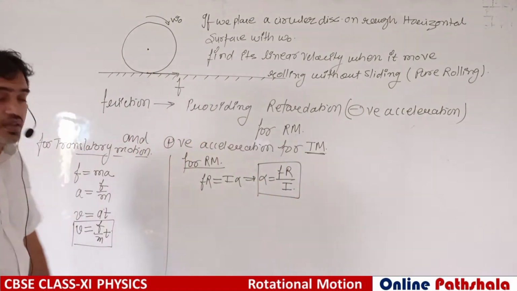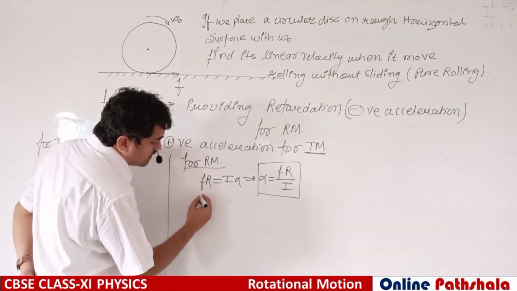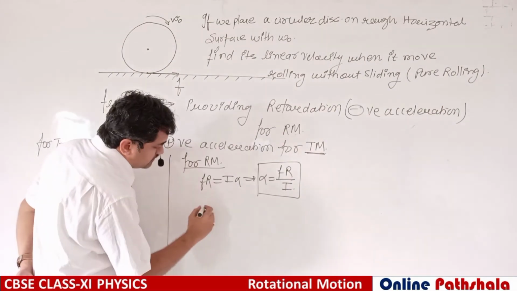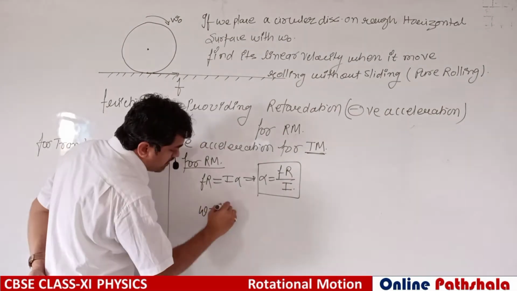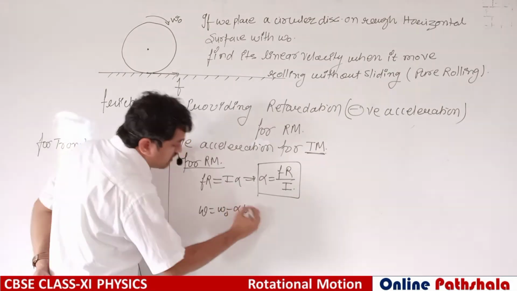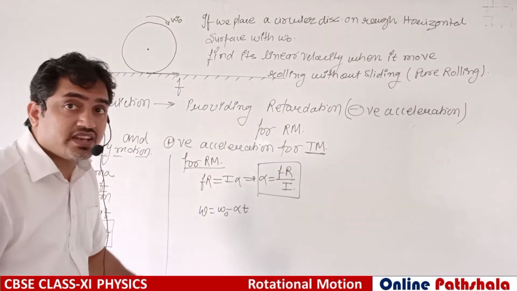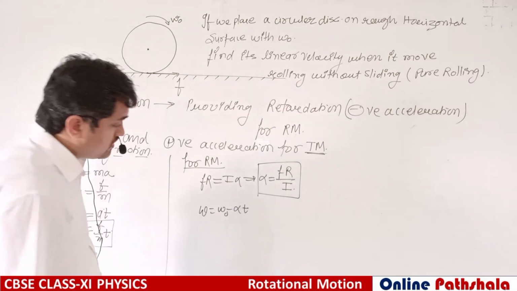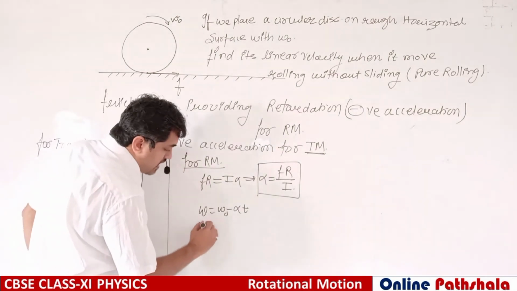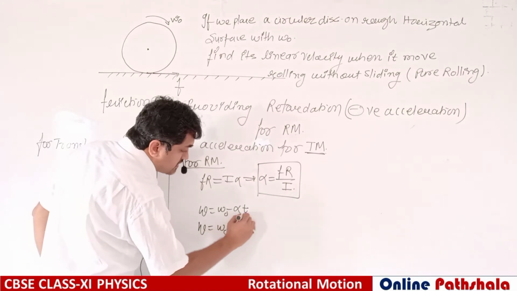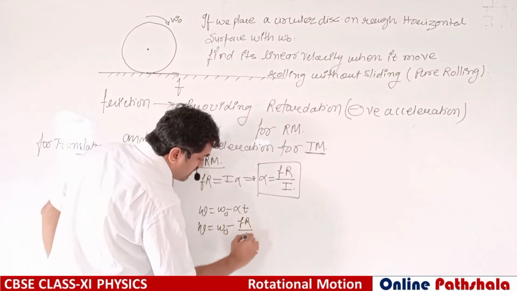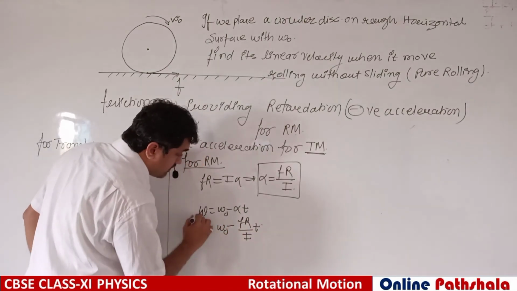Now omega is equal to omega naught minus alpha t, because this alpha is retarding, it is providing angular deceleration, retardation. So omega is equal to omega naught minus F R by I into t.